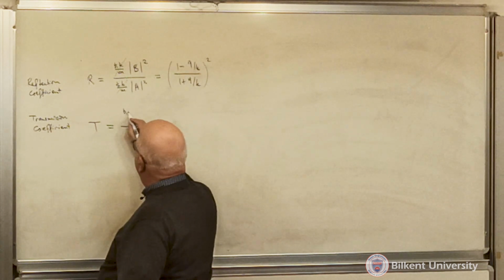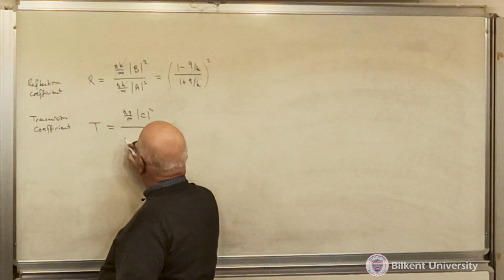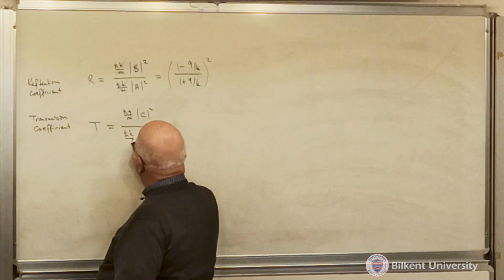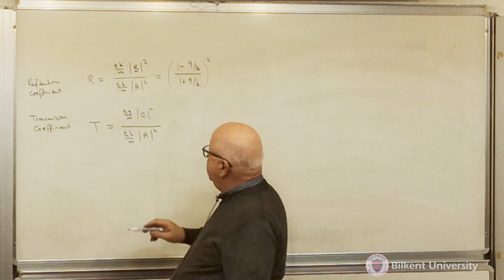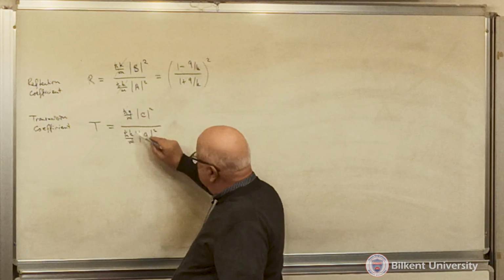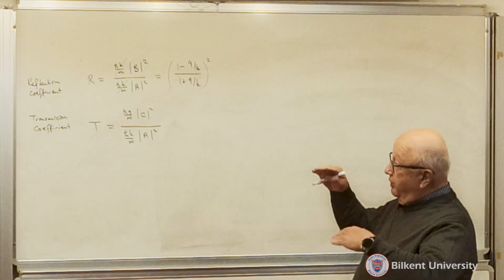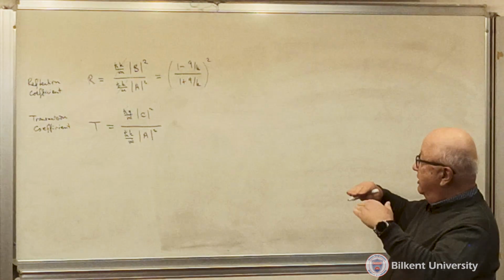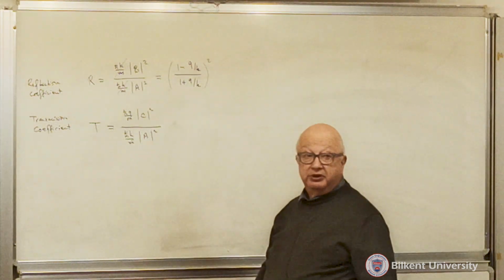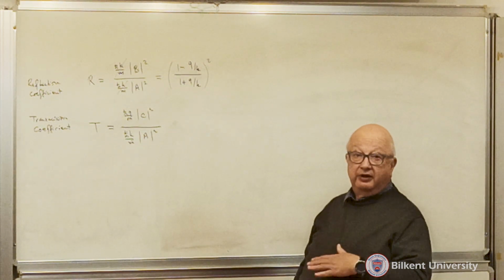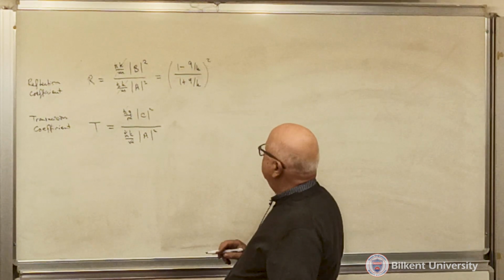So it's going to be h bar q over m c squared divided by the incident current h bar k over m a squared. You see the h bar over m's cancel, but the q and the k do not cancel. So keep this in mind. If you have a potential difference between the left-hand side and the right-hand side, you'll have these wave numbers different on the left and on the right, and they don't just cancel. So don't forget to put those in.